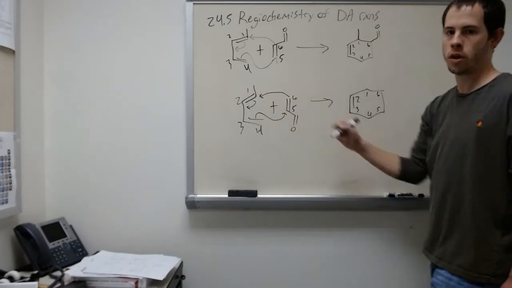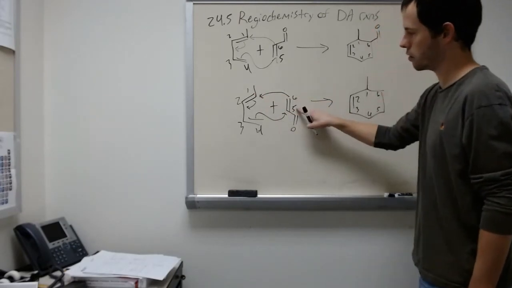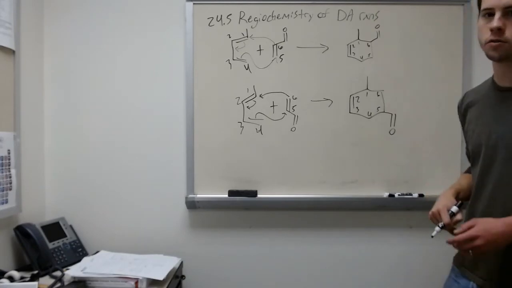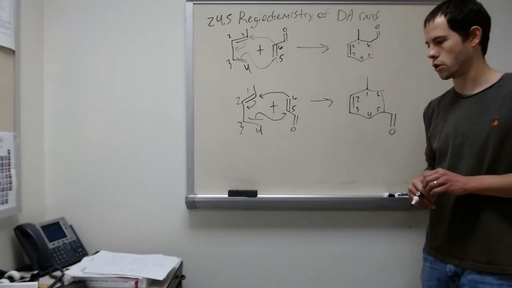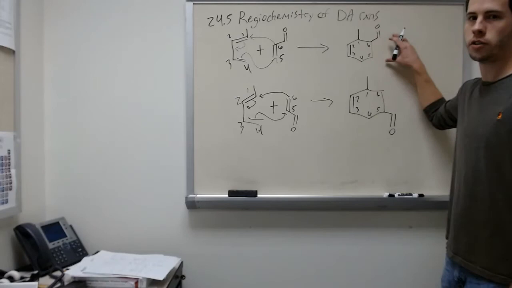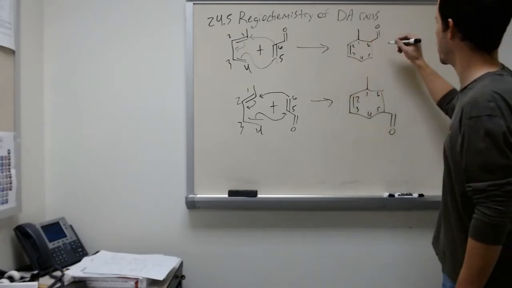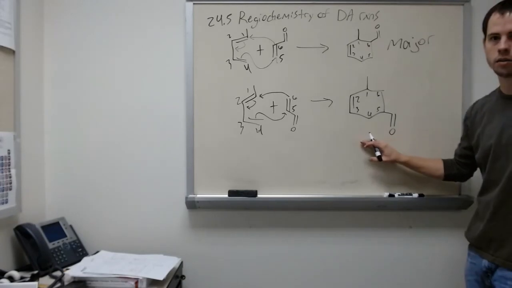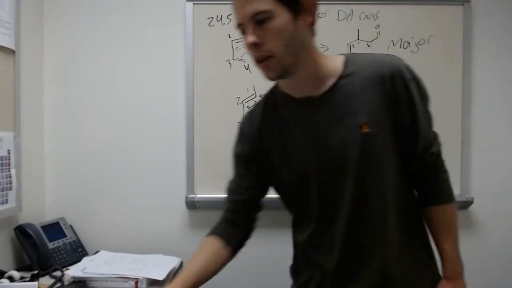On the 1 carbon we have the methyl group, and on the 5 carbon we have the aldehyde. And so these would be our two possible outcomes. And so this is actually the major product of this type of reaction, not this compound. And so we'll talk about why that is.